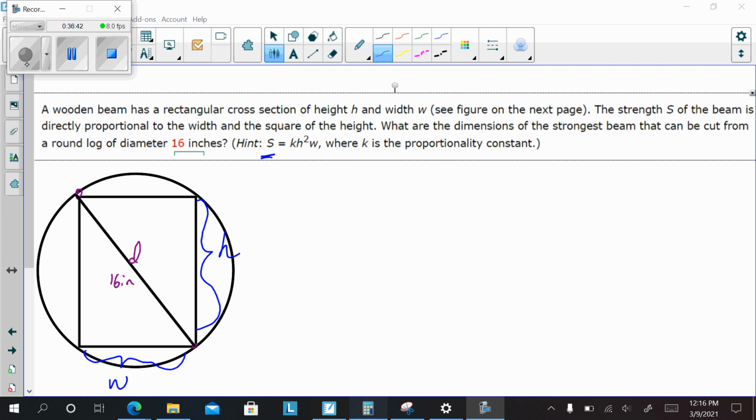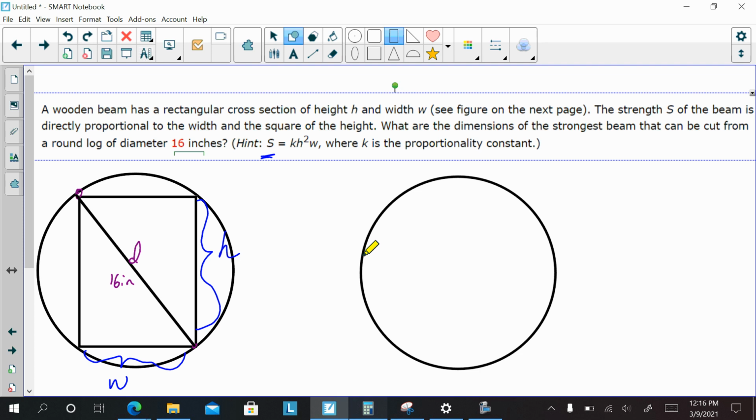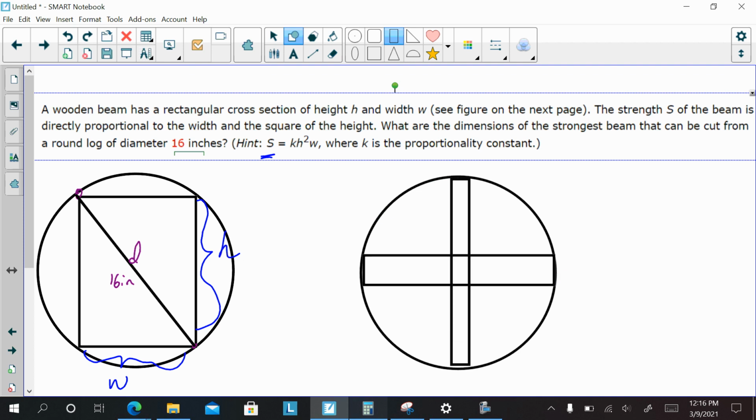So let's think about this. Let's draw a couple scenarios. When we go to make our beam, we can make it not very tall but really wide. We can make it really tall, but not very wide. If I make it thicker than that, then I'm going to have to sacrifice height.